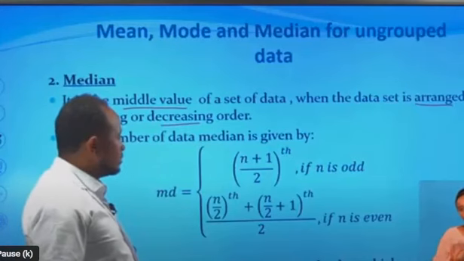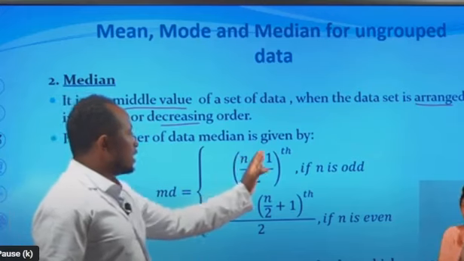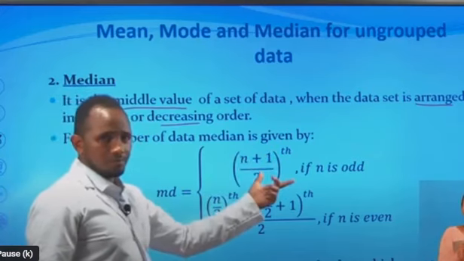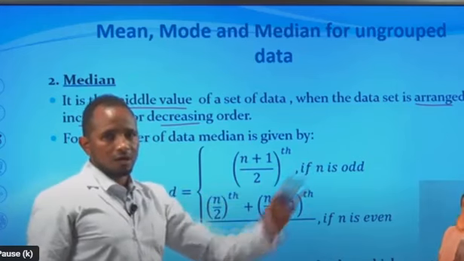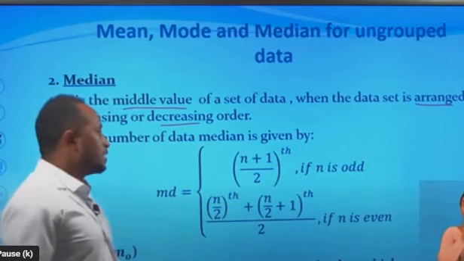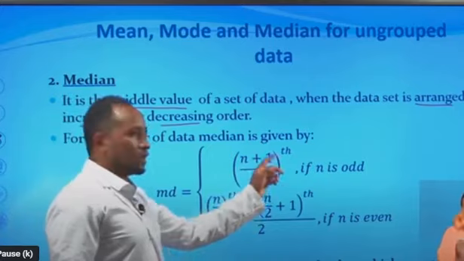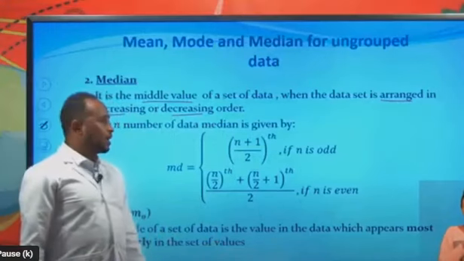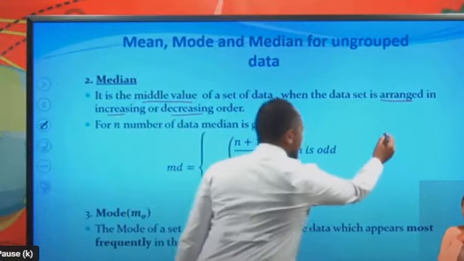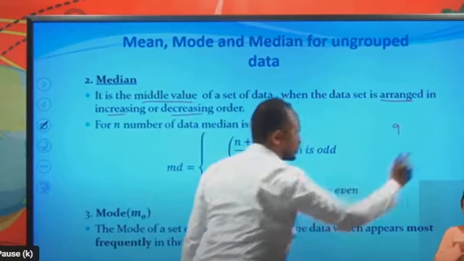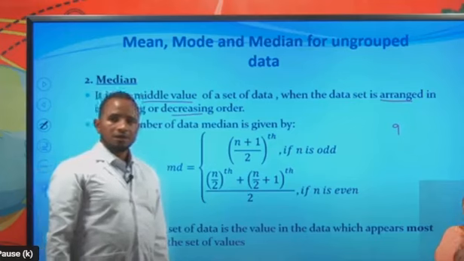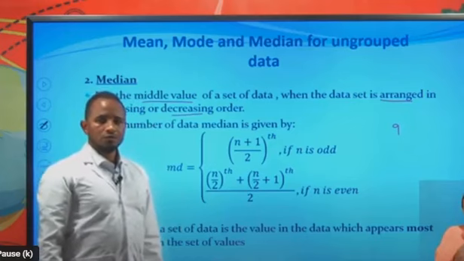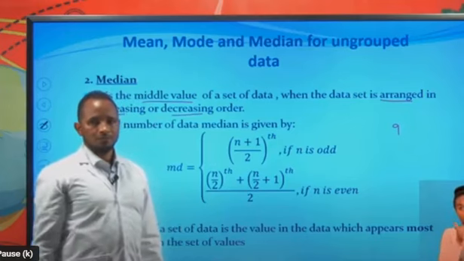If n is odd, if we have an odd number of data, the median will be the (n plus 1) over 2's item. For example, if we have 9 data arranged in order, the median, or the middle value, is found at 9 plus 1, 10, 10 over 2 is 5. It's found on the fifth value.